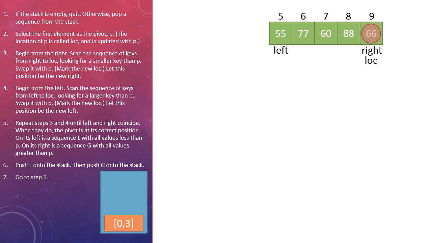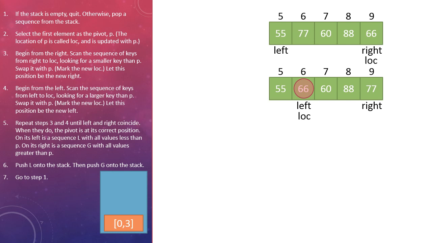Start scanning from the left, looking for a larger element than 66. 55 is not larger, but 77 is. So swap 66 and 77. Left and lock have been updated.